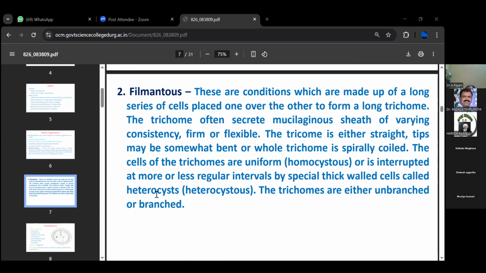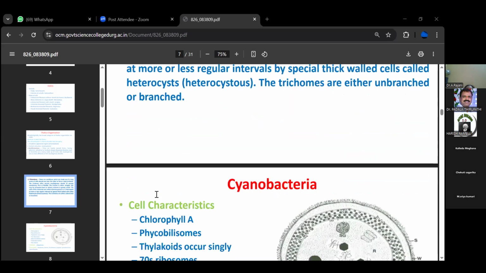The whole trichome is spirally coiled, and sometimes trichomes are uniform, that is homocystous, and sometimes more or less irregular, that is heterocystous. These trichomes are either branching or unbranching. This is a filamentous form.